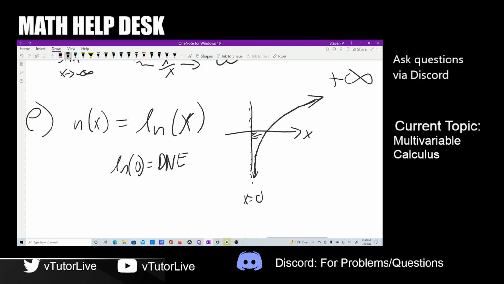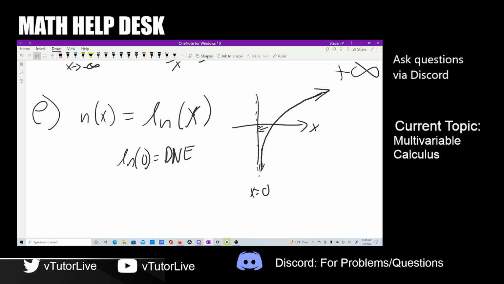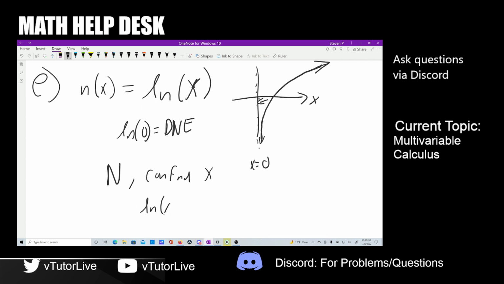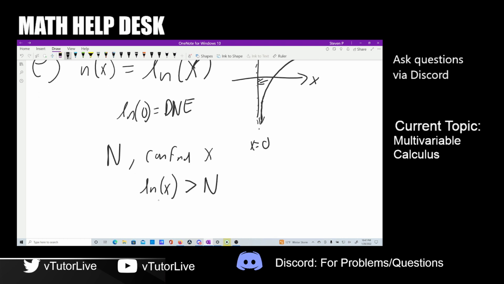And the way that you see this is, for any number n, I can find an x such that ln of x is greater than n by just exponentiating both sides, right?